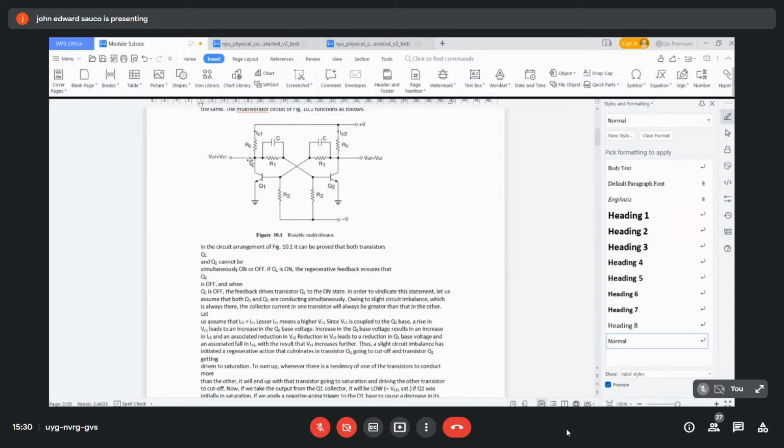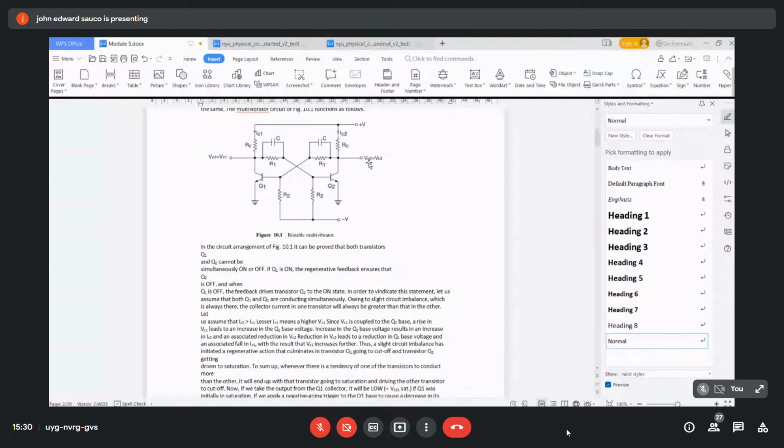Kasi siya is naka-connect sa Q2 base. Ito, Q2 base. Ito yung base niya. Okay? A rise in VC1, a rise daw dito, leads to an increase in Q2 base voltage. O, tama naman. Kasi doon na-connect yung base niya. Increase in Q2 base voltage results in increase in IC2. And an associated reduction in VC2.